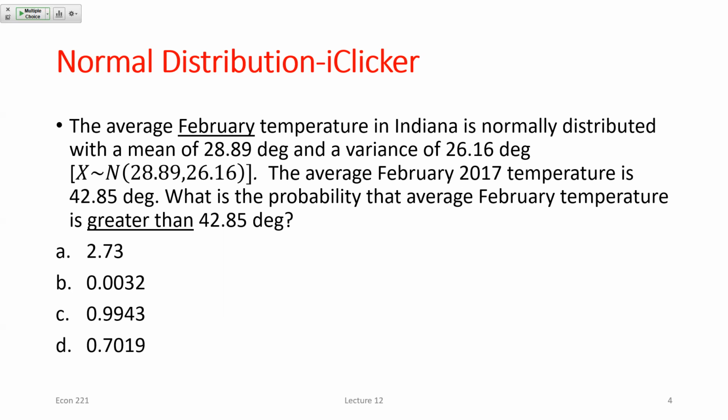So we're thinking about this value of 42.85. If I'm just roughly looking at this, it's more than 2 standard deviations away, right? It's more than 10 away from that mean. So I'm already thinking it's going to be more than 2 standard deviations away. That's starting to get pretty far, right? So right away, what do I know this probability is going to be pretty close to?